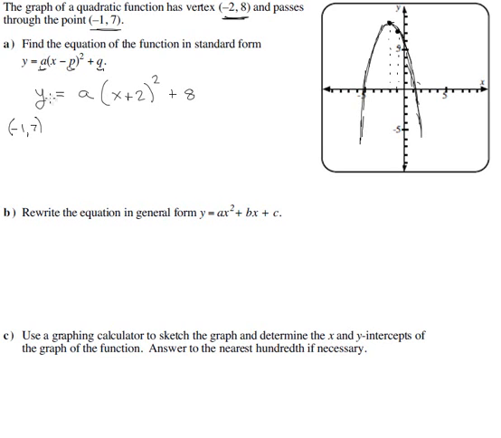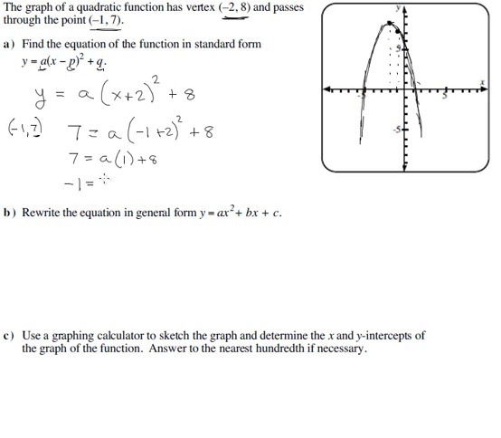We can write this equation again and plug in the x and y values. y, 7 from here, equals a, don't know it yet, but I will soon, times (negative 1 plus 2) all squared plus 8. 7 equals a times 1, squared is still 1, plus 8. Subtract 8 from each side.